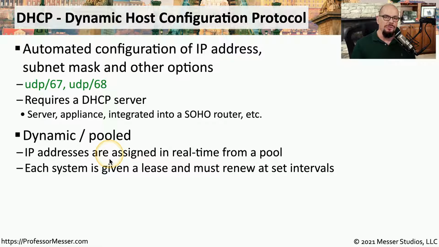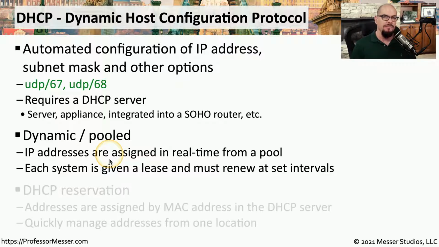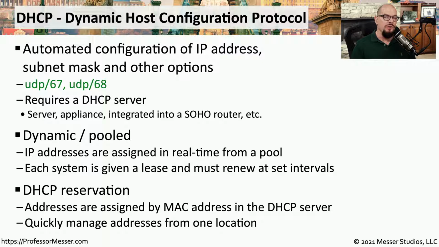After 24 hours, that device would have had to have renewed that IP address or would have to release that IP address and allow someone else to use it. Some network administrators may also reserve IP addresses inside the DHCP server by associating the media access control address, or a MAC address of a device, to a specific IP address, so that every time a particular server is started, it will always receive the same IP address.